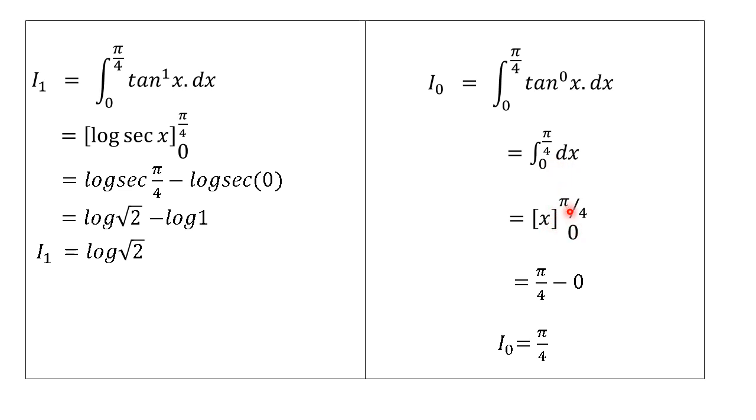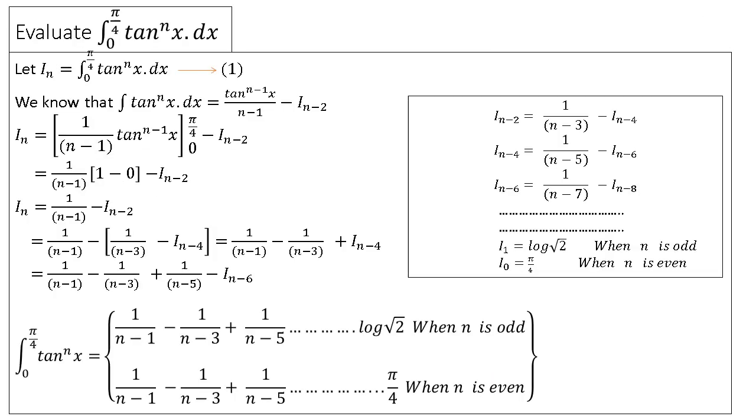Between the limits 0 to pi by 4, apply the upper limit, it becomes pi by 4, minus applying lower limit, it is 0. Therefore, I0 value is pi by 4, but I1 value is log of root 2. So it ends up with two values, I0 or I1: I1 when n is odd number, I0 when n is even.